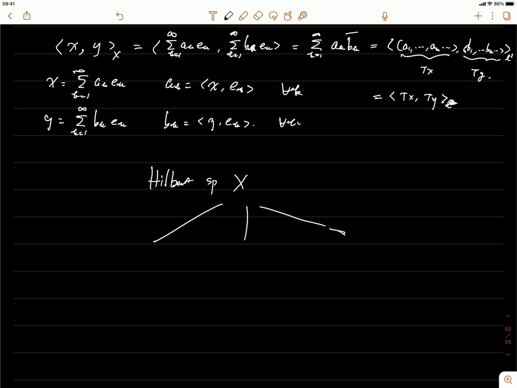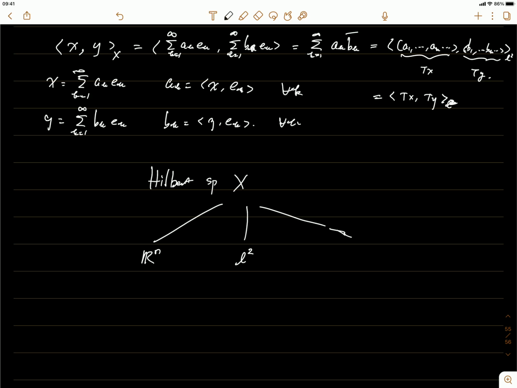One case is that X is isomorphic to some Rn. In this case, we can identify X and Rn, and that makes everything simple. Then we can also consider when the basis of X is countable, then we know that it's isomorphic to L2. And then we'll have another case.